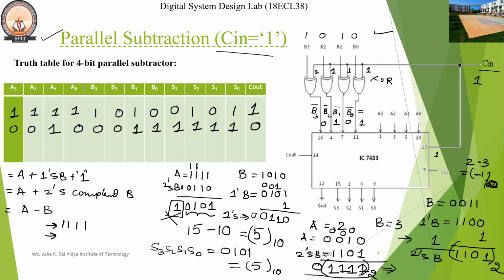Perform the 1's complement of this particular difference. That is 1's complement of this, 0 0 0 I'm going to get. Add 1 to it, we are going to get the answer 0 0 0 1. This particular number is nothing but minus 1 in decimal number system. So hence the answer that we have obtained here is correct.